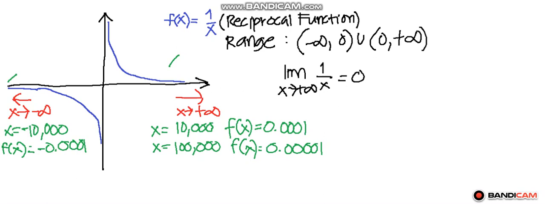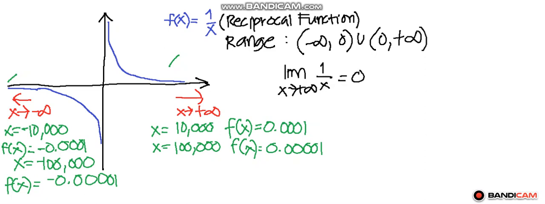So, kung kukuha pa tayo ng ibang values, say negative 100,000, the value of our function will become negative 0.00001. Okay, so mas lumalapit ka na naman kay 0 habang nagde-decrease ka without bound, or that as you approach negative infinity, lumalapit yung value ng f of x natin kay 0.